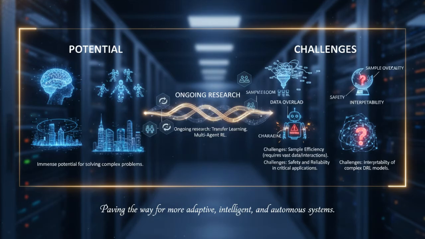Despite these challenges, ongoing research in areas like transfer learning, applying knowledge from one task to another, and multi-agent RL, coordinating multiple agents, continues to expand RL's capabilities, paving the way for truly intelligent, autonomous systems that can operate in dynamic, uncertain, and human-centric environments, potentially leading towards artificial general intelligence.